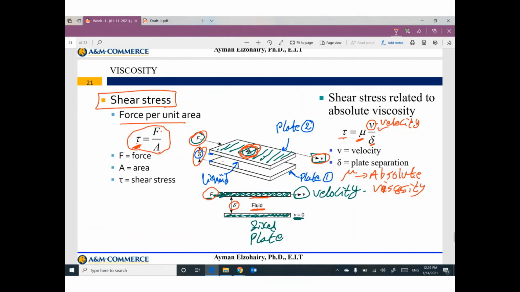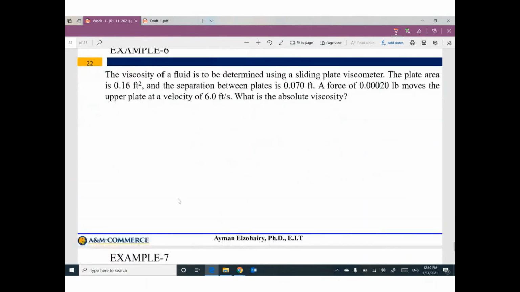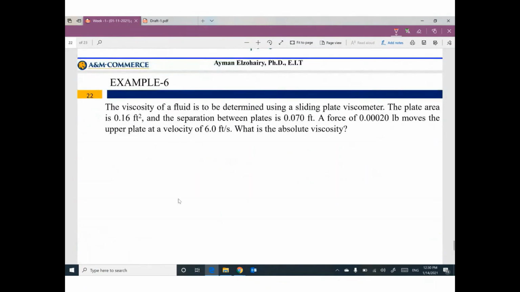We have an example here. The viscosity of a fluid is to be determined using a sliding plate viscometer. This experiment is called a sliding plate viscometer. The plate area, which is called A, equals 0.16 square feet.